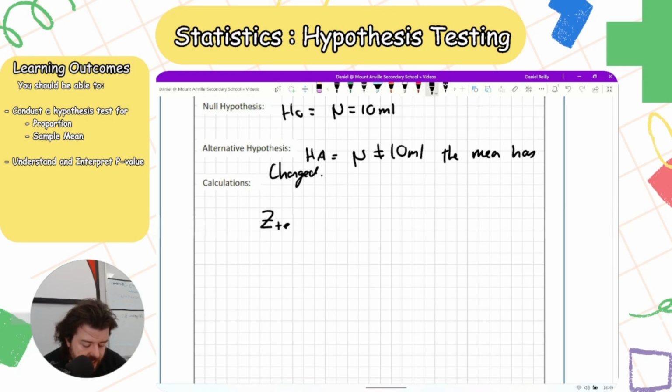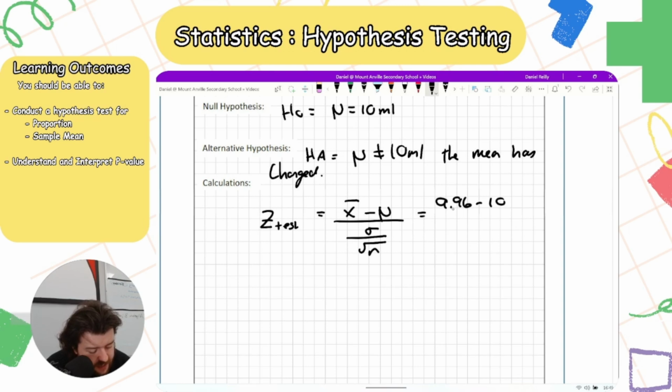So my z test would be x hat minus the population mean, over standard deviation over square root n. That would be equal to 9.96 minus 10, all over 0.18 over square root 50. So my z test is equal to minus 1.5713.